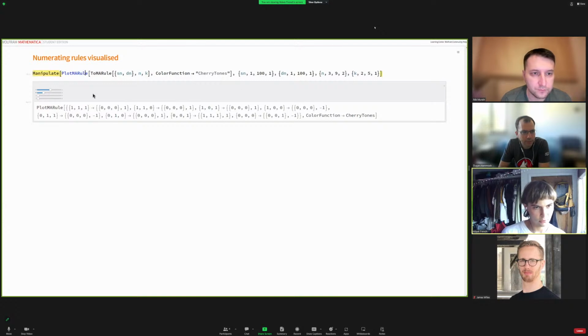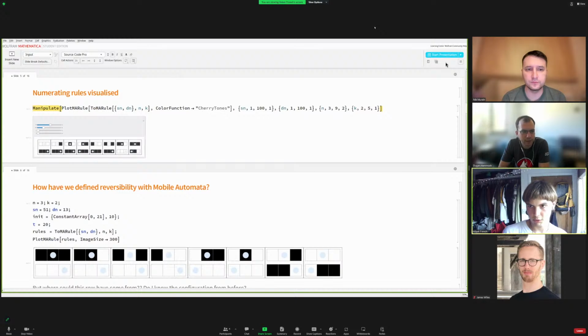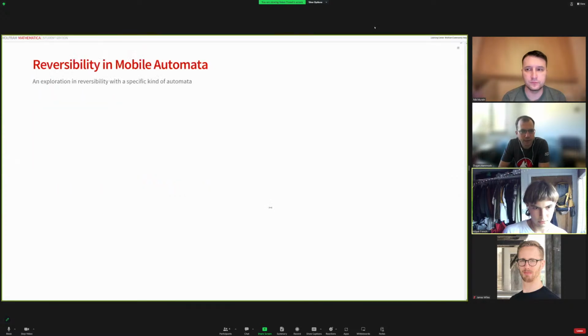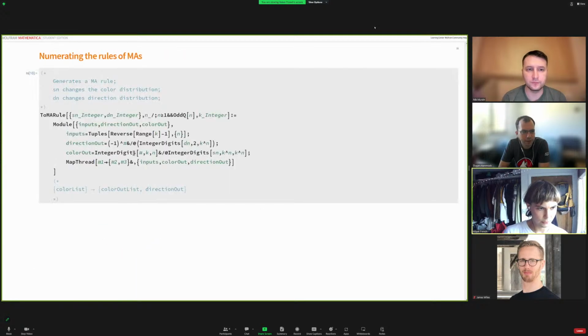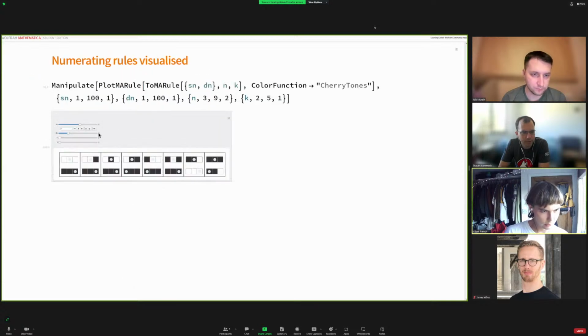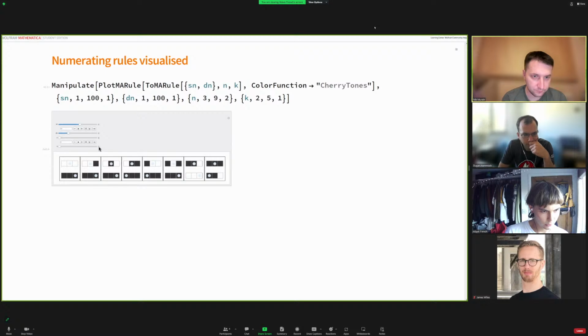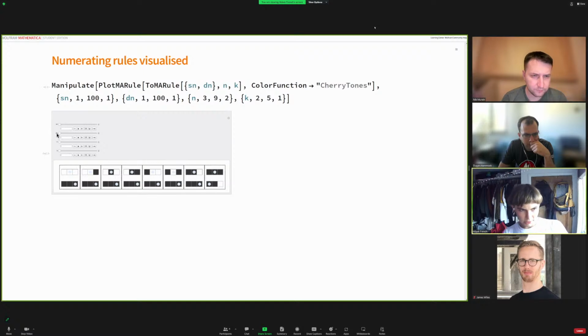This should explain the numeration quite quickly. Here dn stands for our direction.